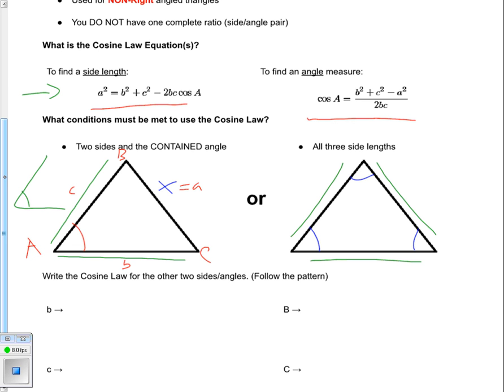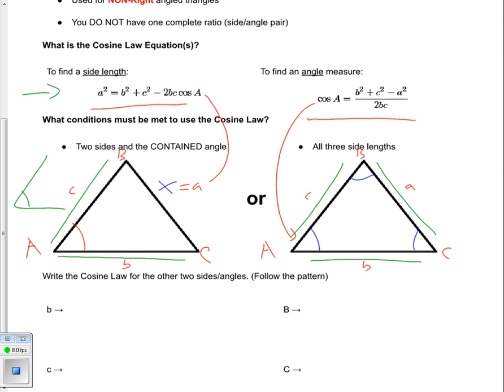And then instead of having A squared, you're going to make it B squared. Okay? For solving an unknown angle, again, if you have angle A, B, and C, and you know side length A, C, and B, this formula here will allow you to solve for that angle. Just like this formula here will allow you to solve for that side length.